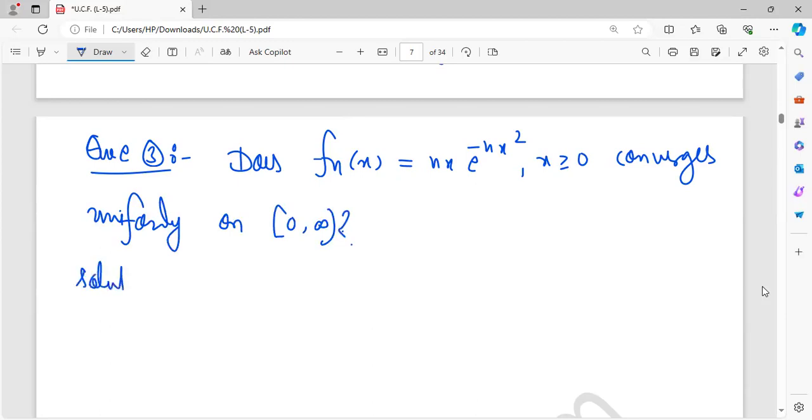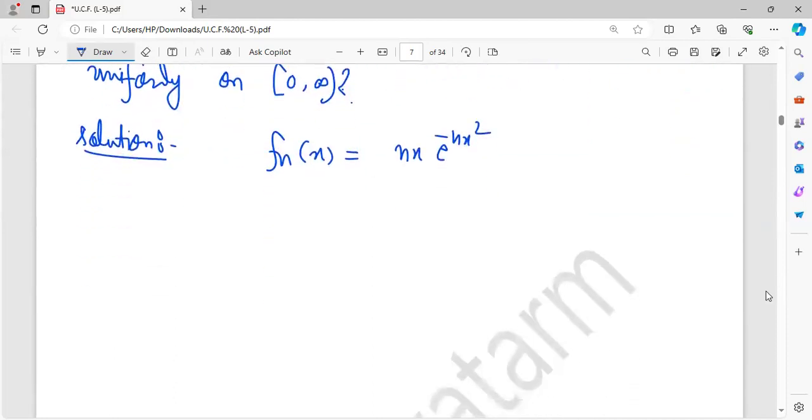Solution. So Fn x is equal to nx e to the power minus nx square. Okay.